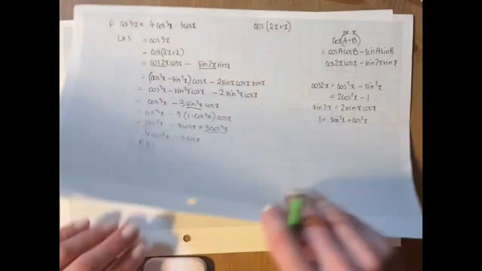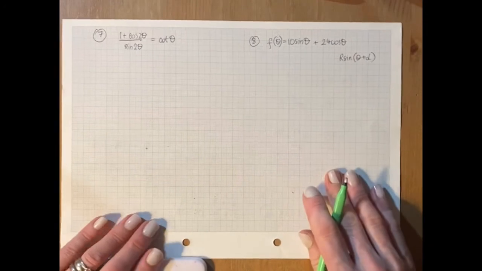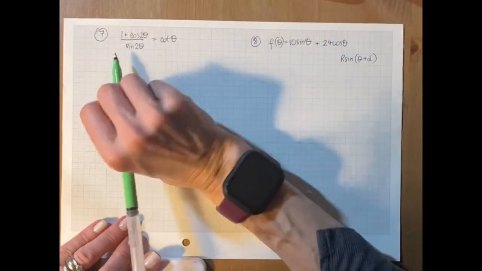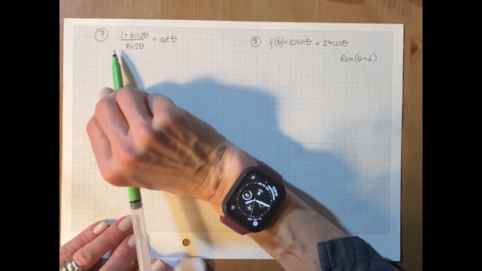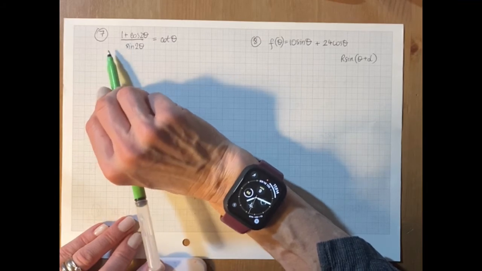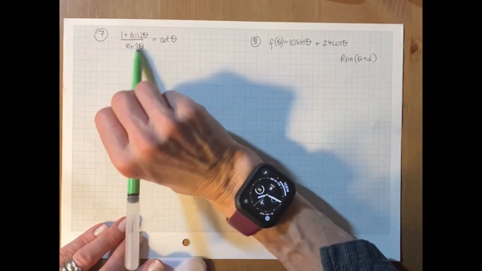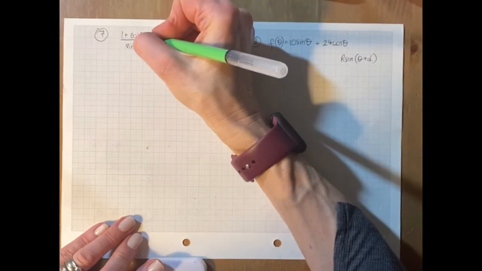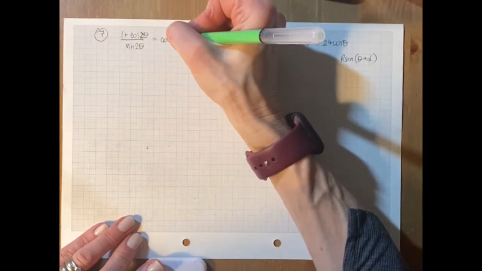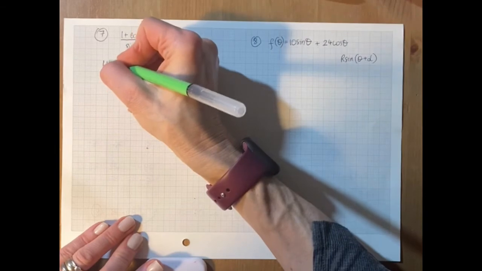Right, moving on to question 7. That's another proof. So I always say to start with the busier side, and this side obviously has fractions, but to me the side that's busier is the one that has 2 theta, and you want to go to single theta. So we start with the left hand side.